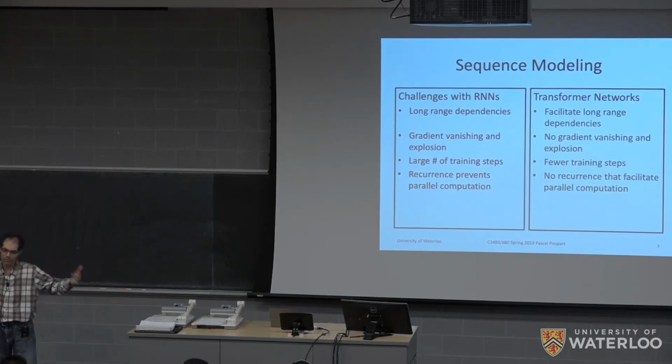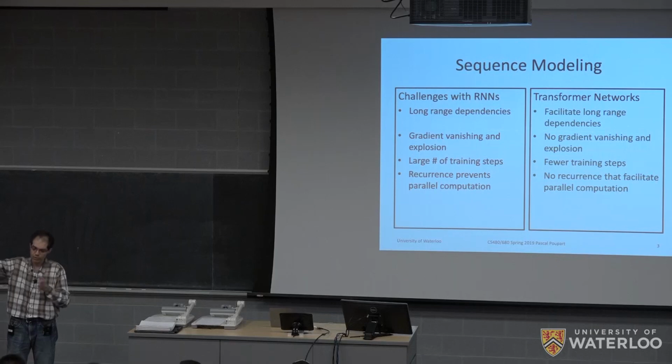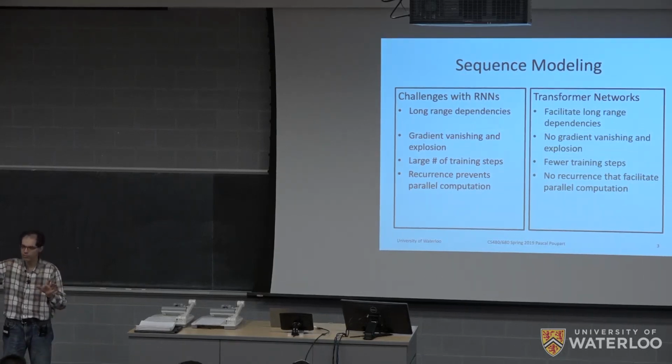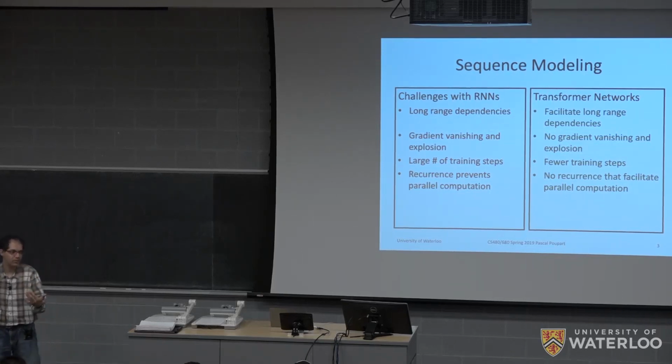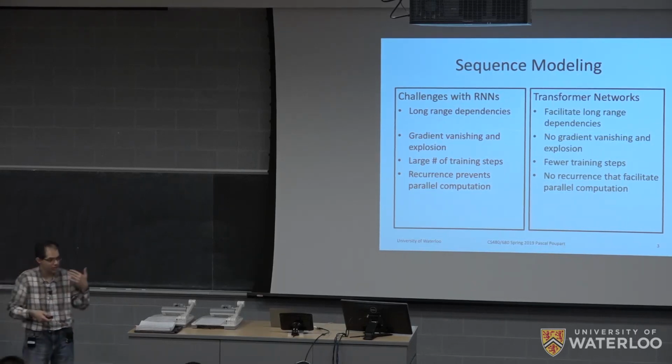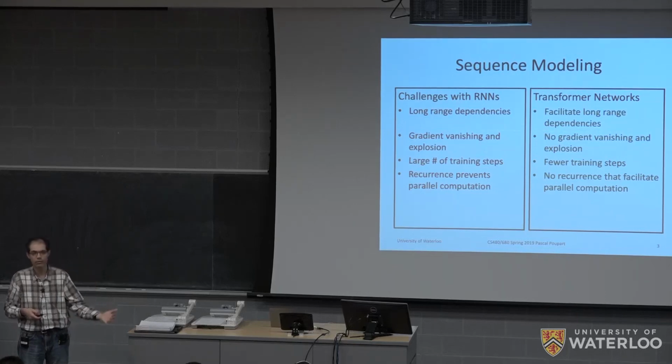And so they have lots of parameters. Those parameters are essentially correlated with each other because we in fact tie the weights from one step to another. And so the optimization tends to be quite difficult as a result, and it tends to require a lot of steps. Okay, so training a recurrent neural network usually takes a lot longer than a convolutional neural net or a regular feed-forward neural net.